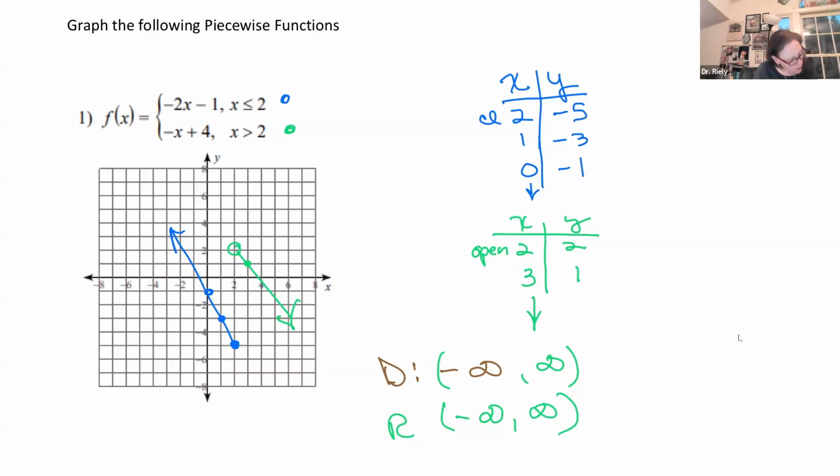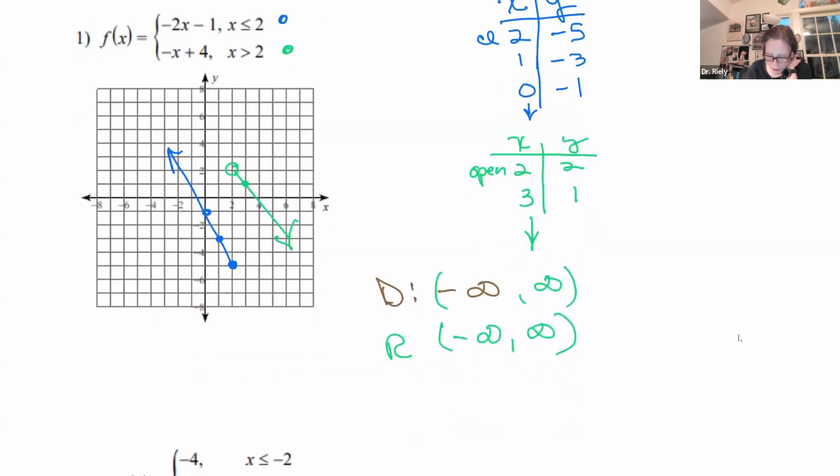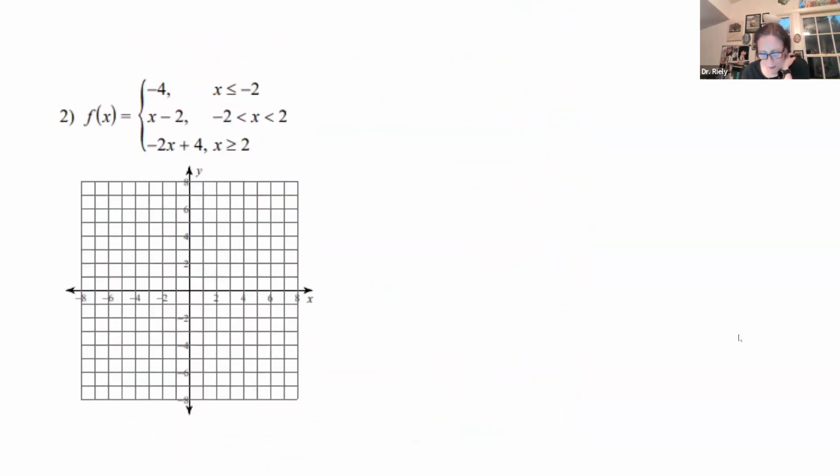Okay, I thought we'd do one more, and then I will see if we have questions on other things. So let's look at this one. It has 3 pieces. It's not that complicated once you start plotting it, but you're going to have to do 3 little t-tables. We'll do the same thing. I'll put you in rooms. You may pick different rooms, or the same rooms.